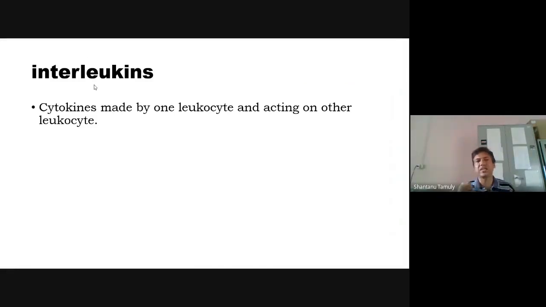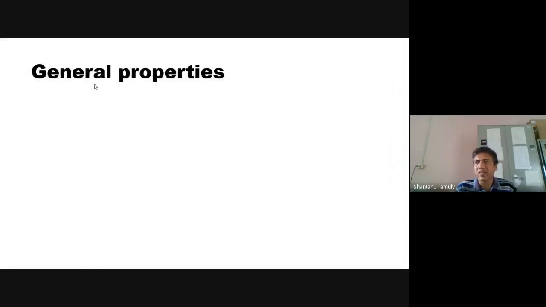But nowadays this word interleukin is used for certain types of cytokines, only for historical purposes, because it has been found that there are many cytokines that act like interleukins, like IL-1, IL-2, IL-3. These are interleukins, but many of them act on themselves also. That means they have autocrine activity also. So that's why the term IL is a misnomer. It has been used for historical reasons.